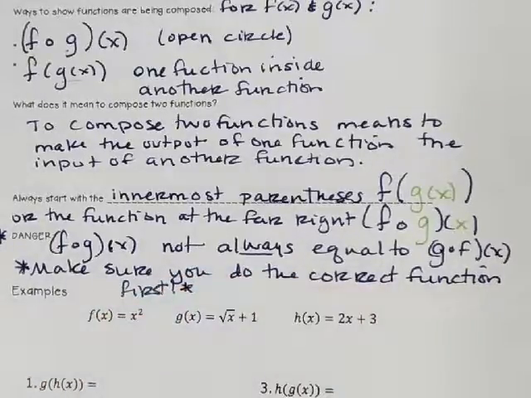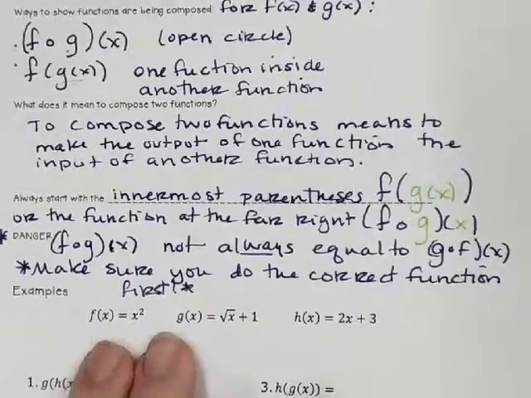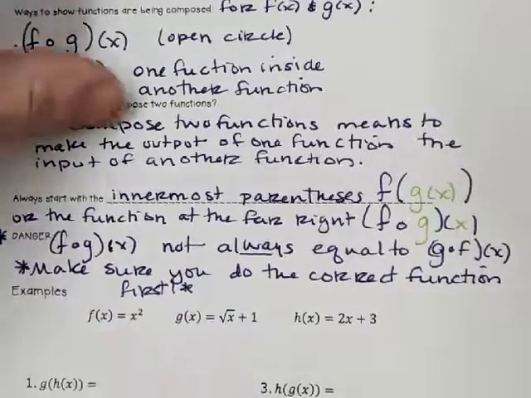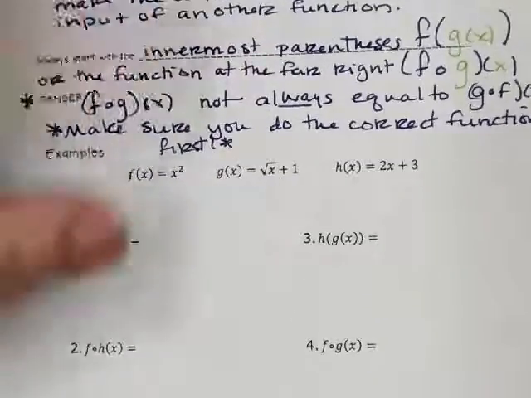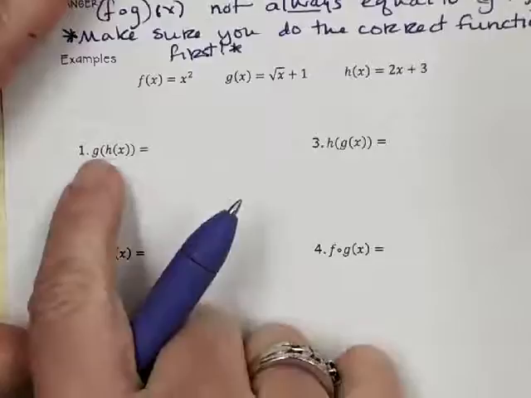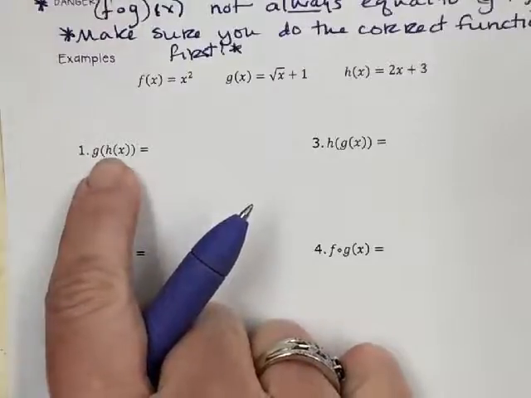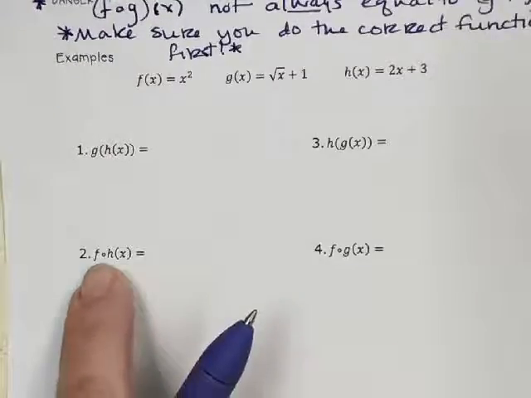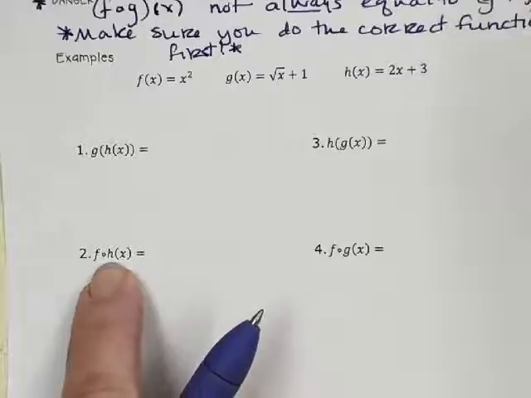Okay, so here we go. I've got three functions up here, f of x, g of x, and h of x. And I'm just going to do some composition, and I've shown both notations. I've shown g composed with h of x with parenthesis notation, and I've got f composed with h of x in that open circle notation. Okay?